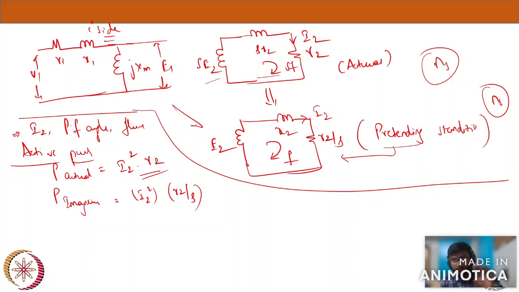Don't think that our case is failing. Don't think that because of this change we were able to combine these two circuits, but you have failed in balancing the active power. No, the active power is also balanced here, and it is balanced even in exact values. So how can we justify this?